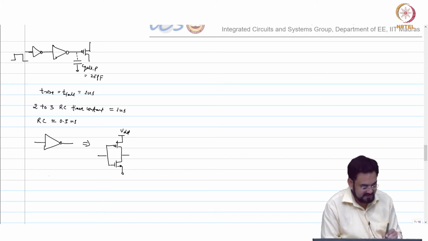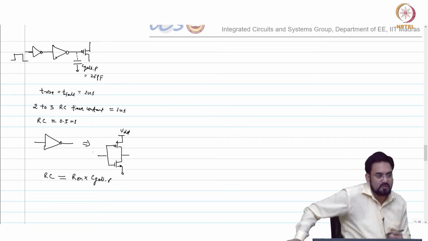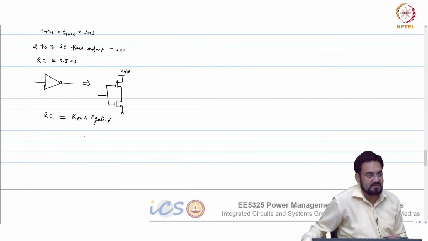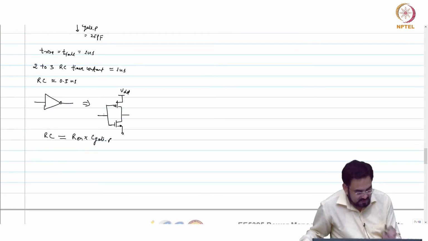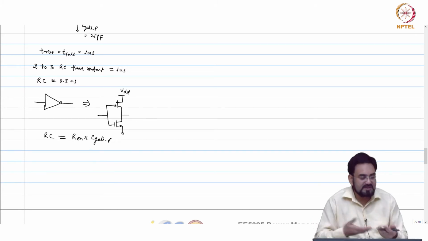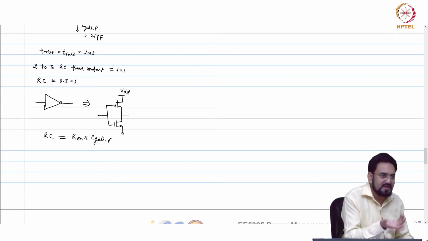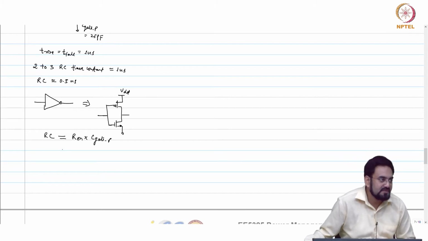RC is basically R on multiplied by C gate P. So from here you know what kind of size you will require. This is one way you can calculate. The other way is to simulate and find what size of inverter you will require for a 1 or 2 nanosecond rise time.